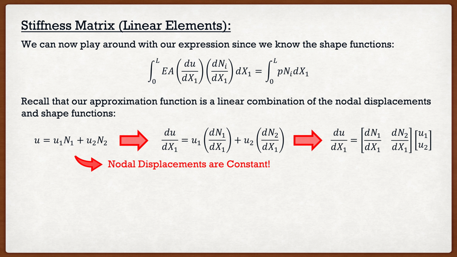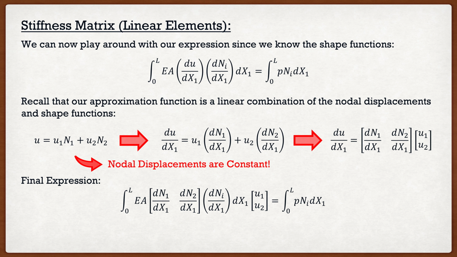So the derivative of our displacement function u with respect to x1 is going to be the vector dN1 with respect to x1, dN2 with respect to x1, multiplied by the vector U1, U2. I'm going to take that nice vector format and substitute it into our expression right here. And by this point, we're actually good to go.